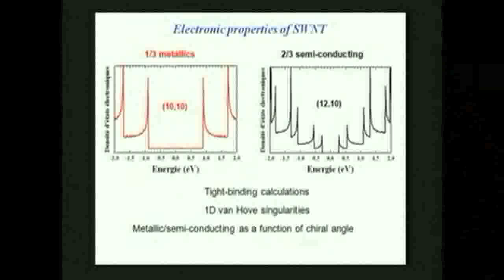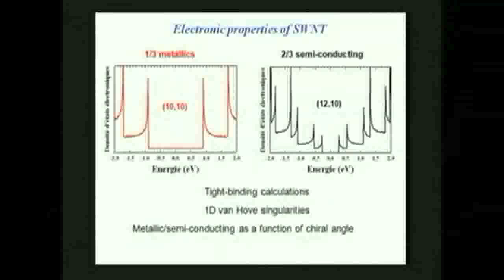So if you change the chiral vector, just a very small change, you will have a huge change in the electronic properties. Okay? You will go from a semiconducting to a metallic nanotube. This kind of nanotube conducts the electrons very easily.